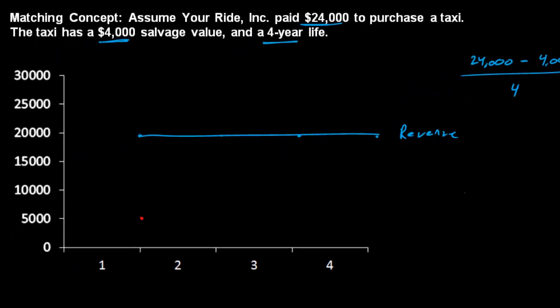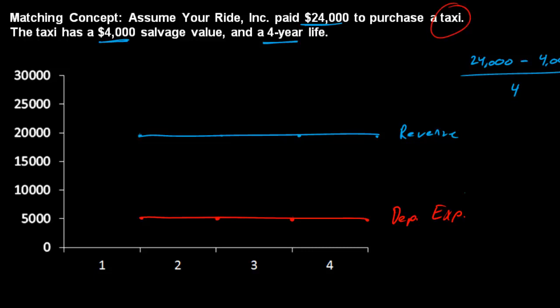So we depreciate $5,000 in year 1, $5,000 in year 2, $5,000 in year 3, and $5,000 in year 4. So my depreciation expense is also following a straight line. This is my depreciation expense. So notice that my depreciation follows the same pattern as my revenues. It's matching my revenues. Your Ride is earning revenues equally over the 4 years, and so it's depreciating its asset, this taxi, equally over the 4 years.